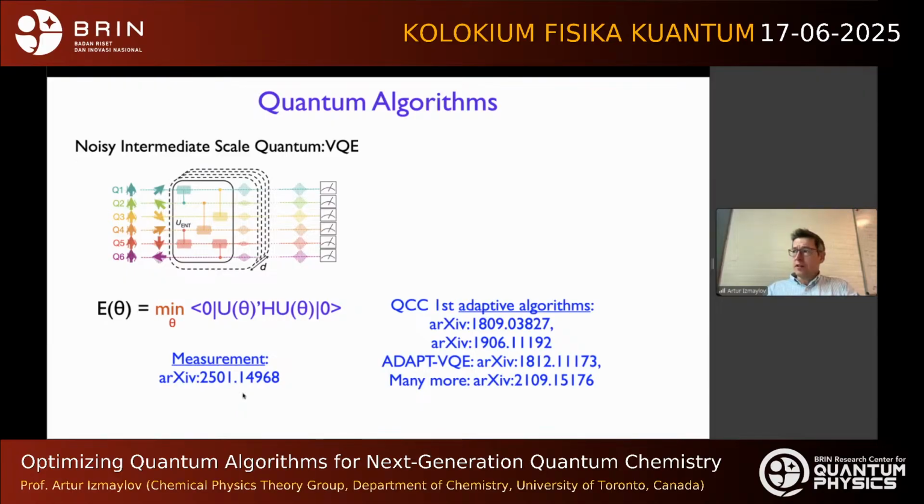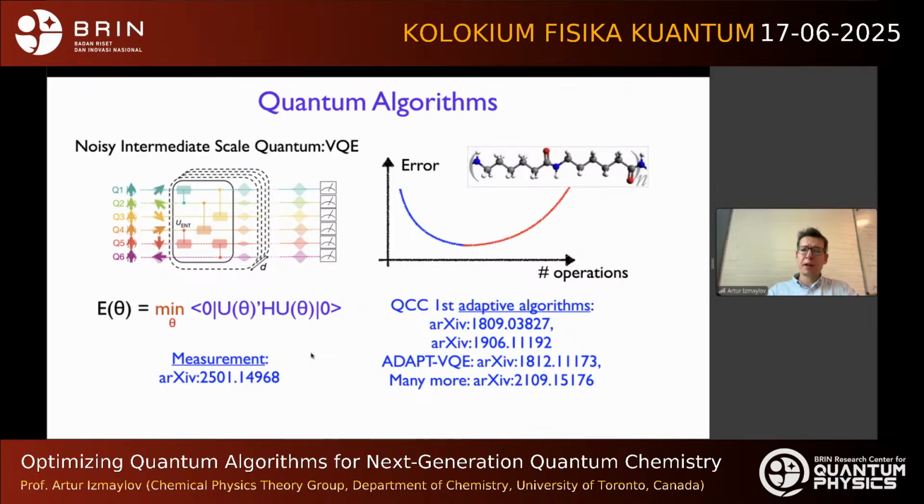It's very recent, so take a look if you're interested in the measurement algorithms, say in the variational quantum eigensolver. But why I'm going relatively quickly over this variational part is simply because it has one big issue that cannot be resolved within this framework, and the biggest issue of this framework is the accumulation of errors.